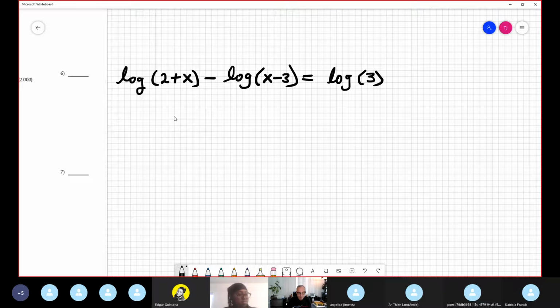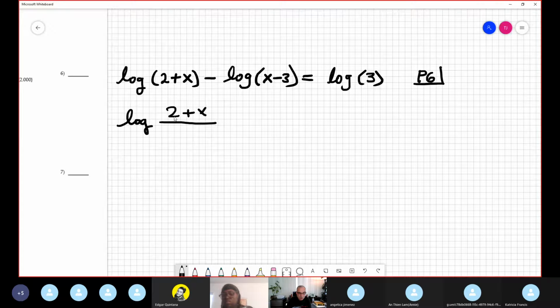One more time, we condense, but only on the left-hand side, because of the logarithmic property number 6, no? Because of subtraction, it's division: 2 plus x over x minus 3.